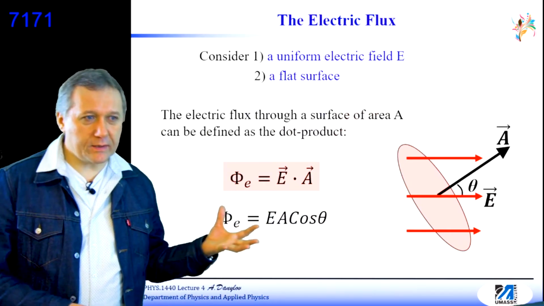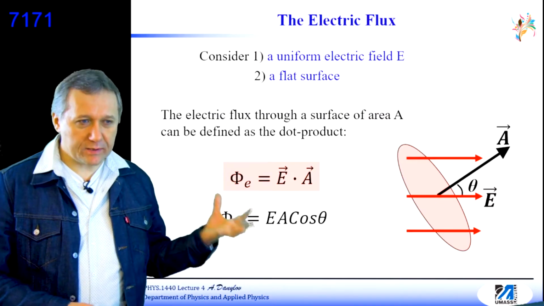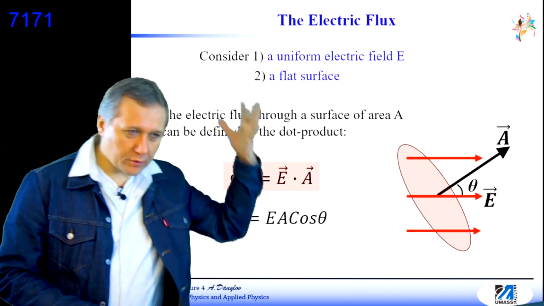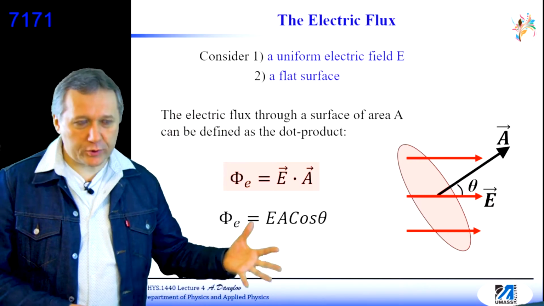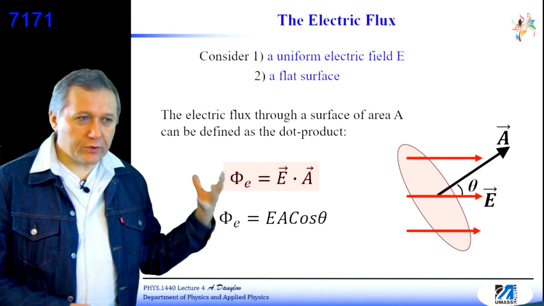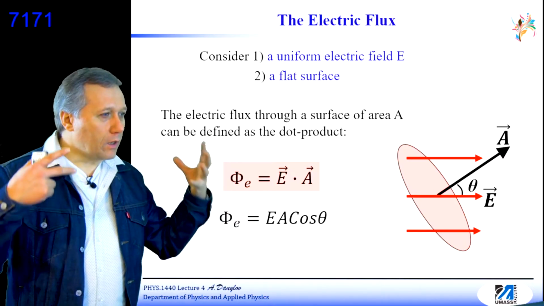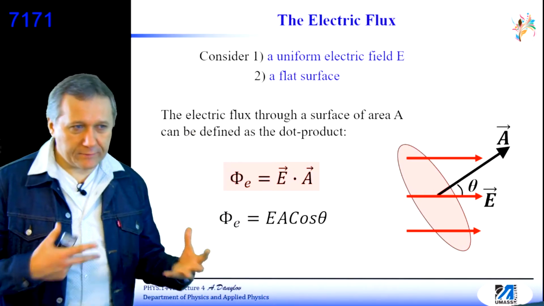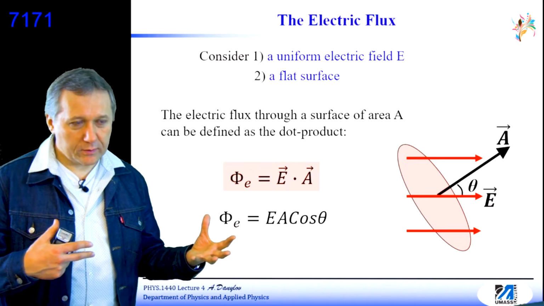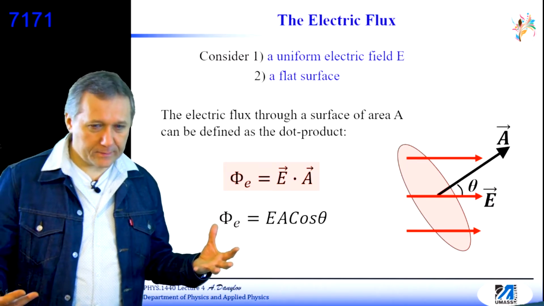Let me remind what we introduced in the previous class. What is the idea of the electric flux in simple words? If you have a certain surface which is exposed to the electric field, we can introduce what is called electric flux, and the meaning of that is basically the number of electric field lines crossing this or that surface, right?